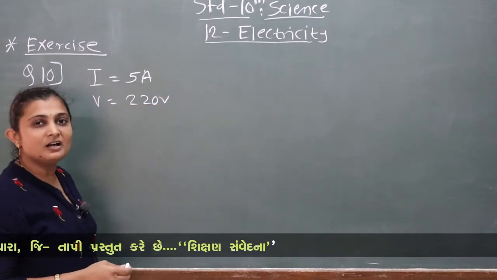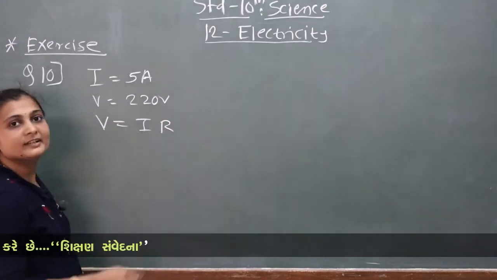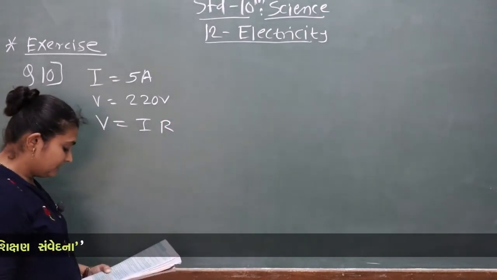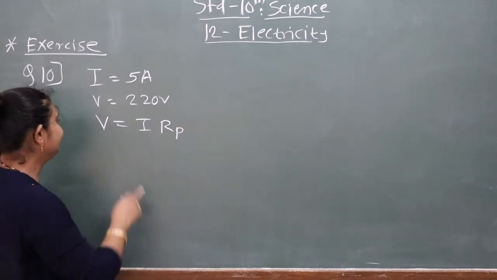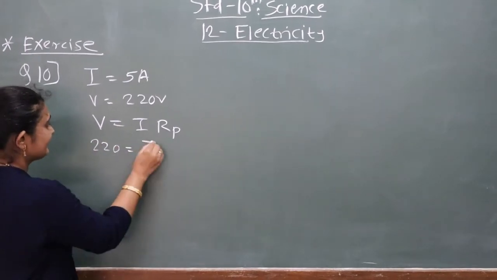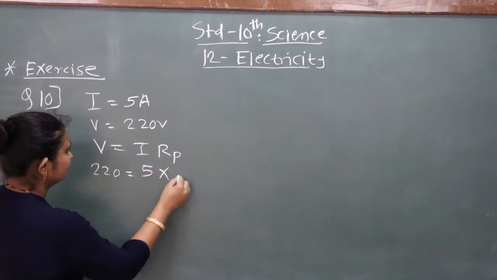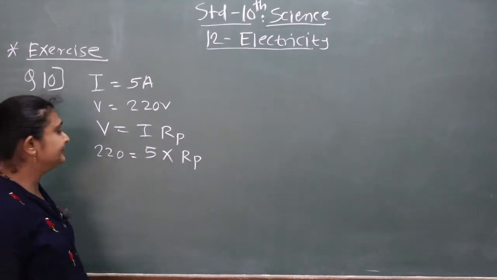Then using Ohm's law, find the value of R. These are given in parallel, so we write here Rp. V is equal to 220, I is equal to 5, Rp.